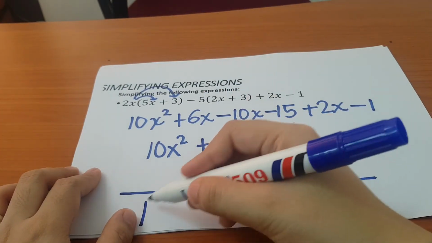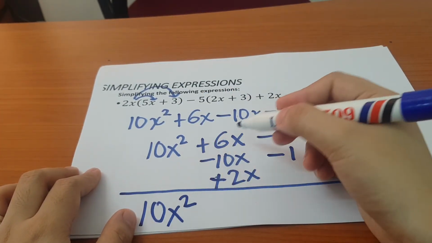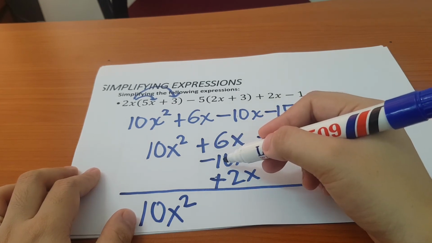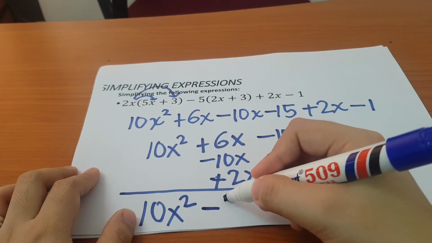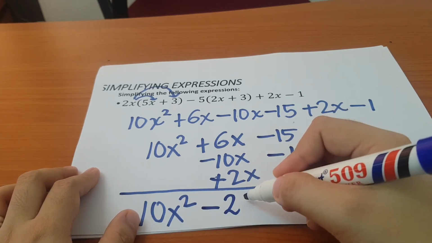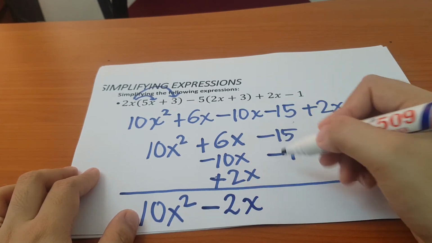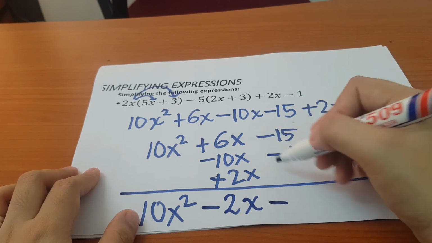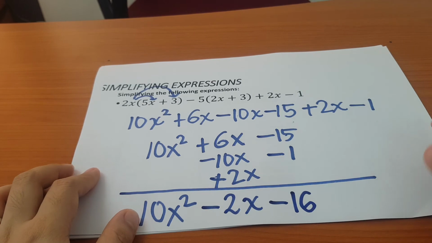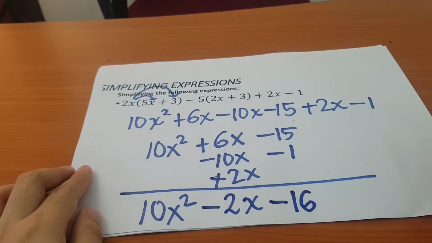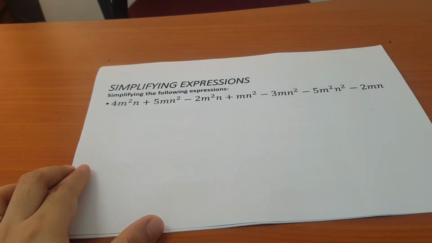Total will be 10x squared. 6 minus 10 minus 4 plus 2 is minus 2x. Minus minus is minus. Adding 2 minus is minus. And minus 15 minus 1 is minus 16. And that's it.